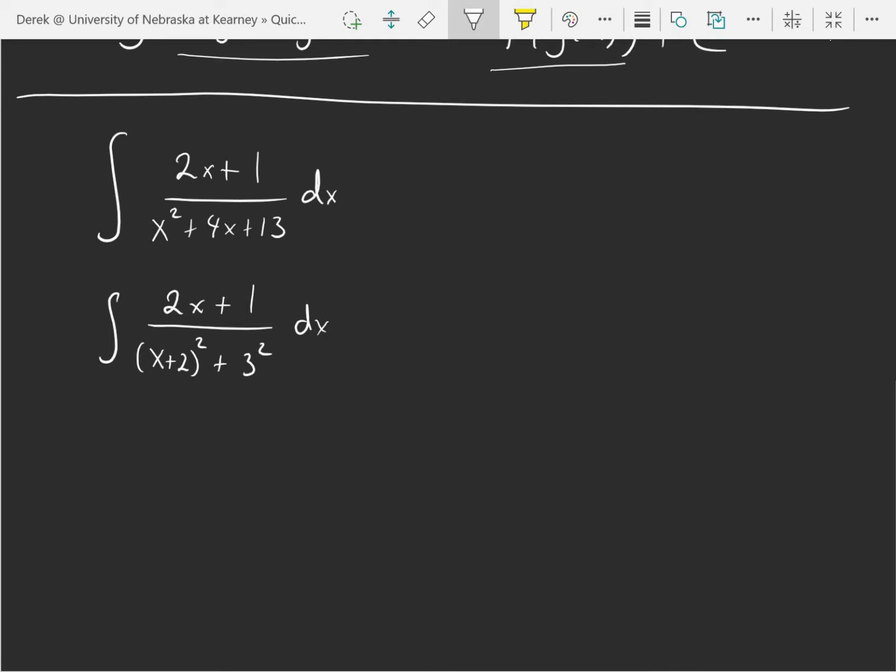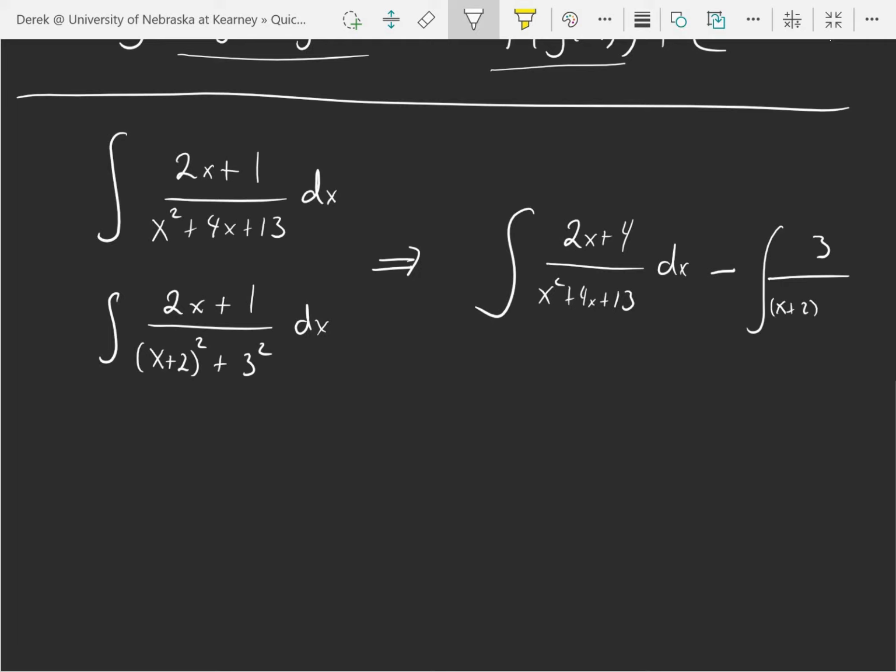If I wanted to use the chain rule on the top, I'd want a 2x plus 4. I've only got a 2x plus 1, so let's do the integral of 2x plus 4 over x squared plus 4x plus 13 dx minus the integral of 3 over x plus 2 squared plus 3 squared dx.